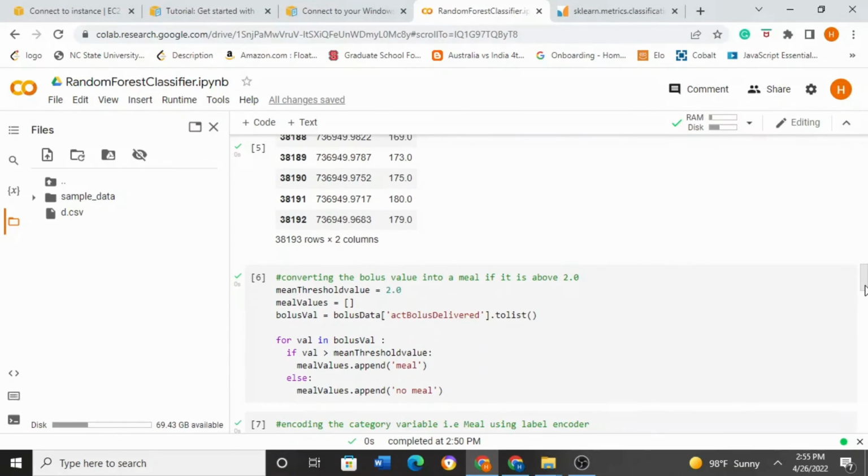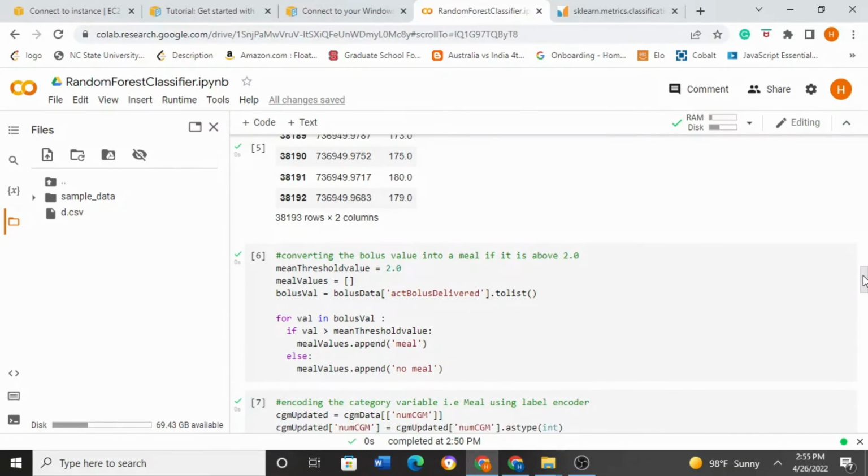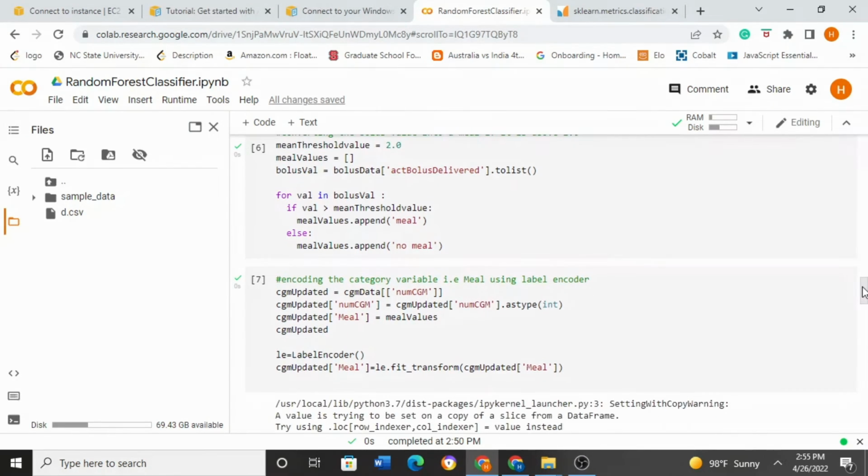For the bolus data our threshold value is 2.0. If our bolus value is greater than 2.0, it means that the person has taken a meal at that particular time. So we have converted the column act bolus delivered into a categorical variable containing meal or no meal, depending on whether the bolus value is greater than or lower than the threshold value.